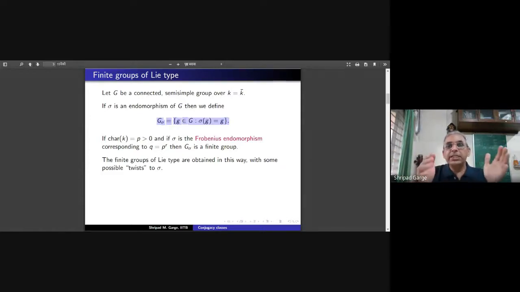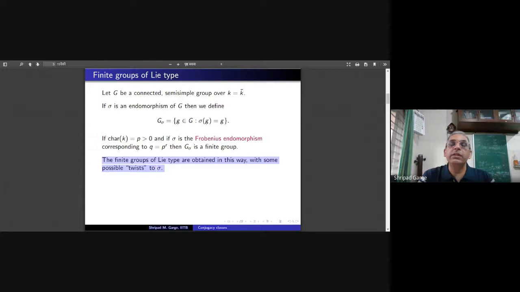So G sigma is sitting inside the corresponding subgroup of matrices defined over F_q, which has all entries coming from F_q. So it's a subgroup of a finite group, and therefore this G sigma is a finite group. And the final comment is that the finite groups of Lie type are all obtained in this way.